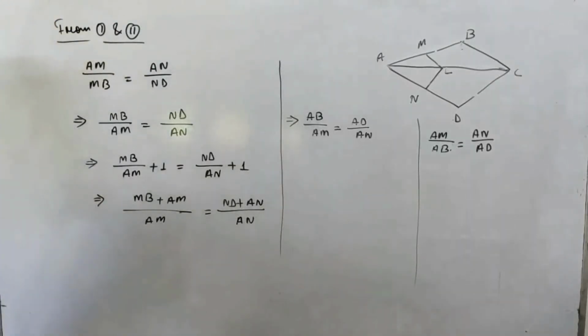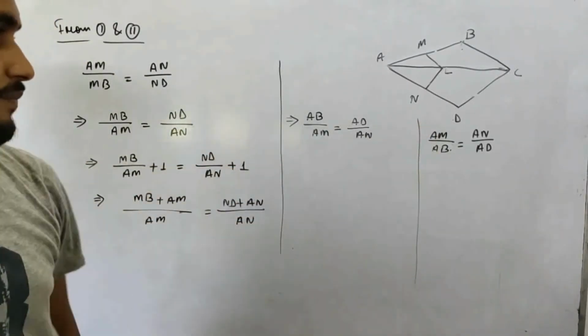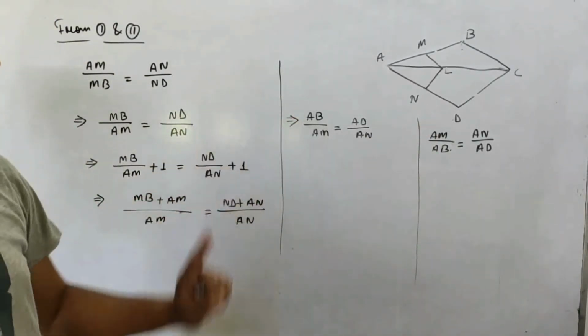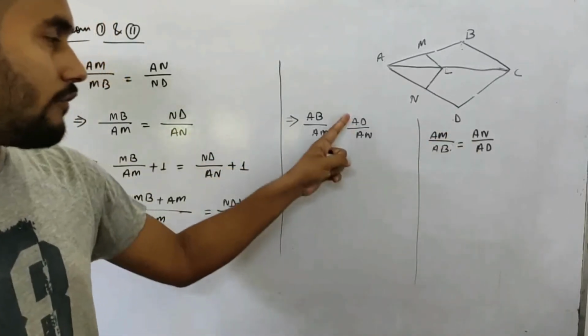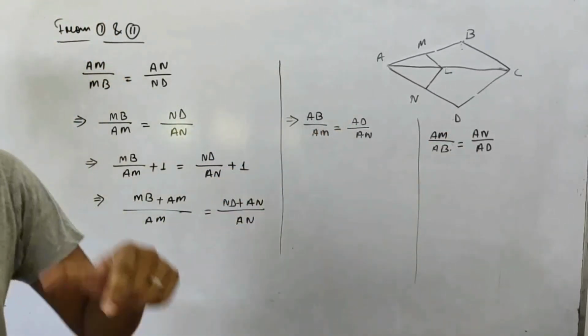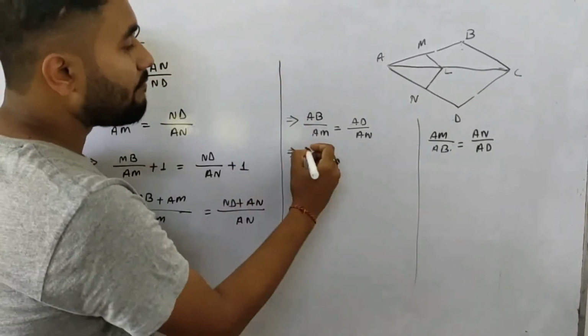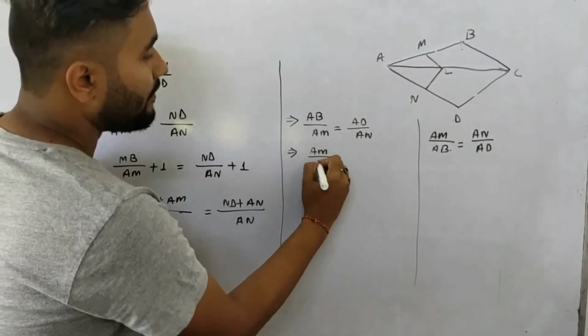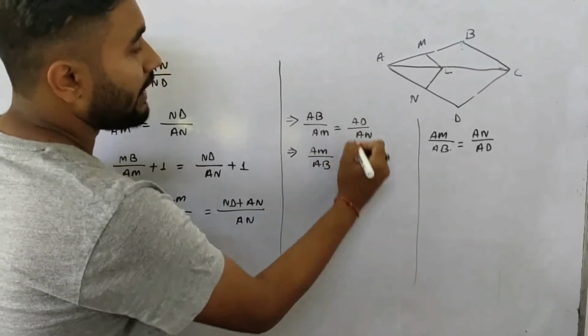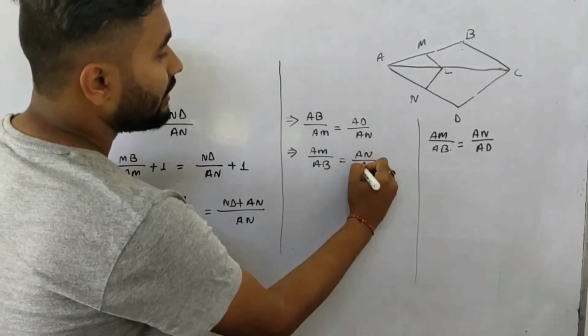Now have I got the answer? So you see AM by AB, and over here it is opposite, AB by AM. AN by AD, over here it is opposite, AD by AN. So again once more I have to do the reciprocal. So you take this up, this will become AM by AB, this will become AN by AD.